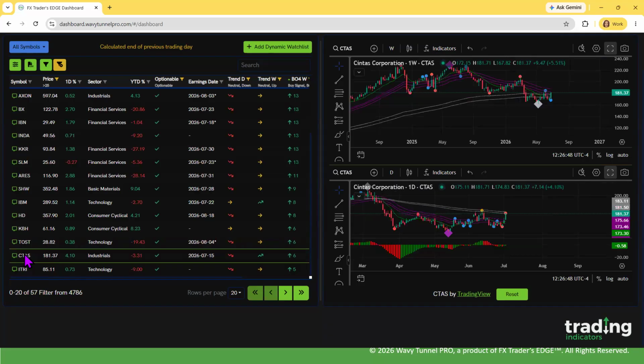This is also down for the year, an industrial. Same here on this daily. We haven't really started to go above the tunnel. Let me see where price is trading on the current day.